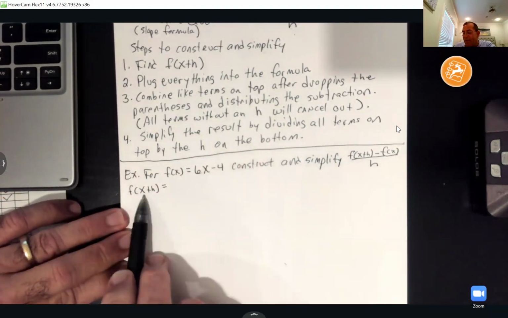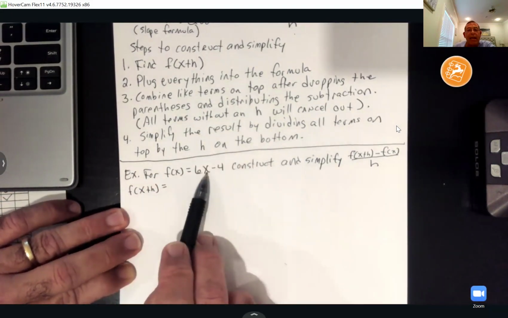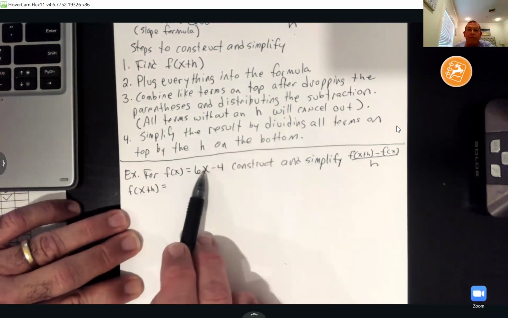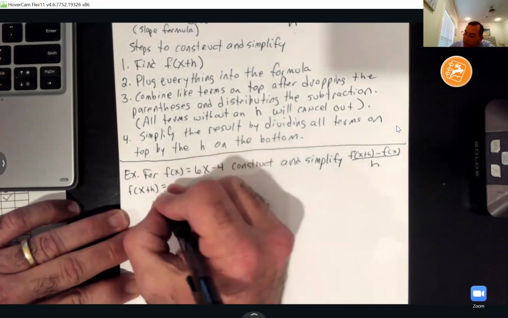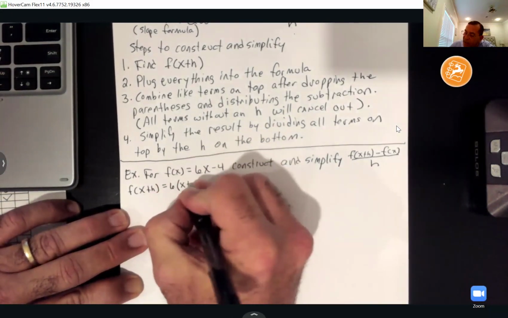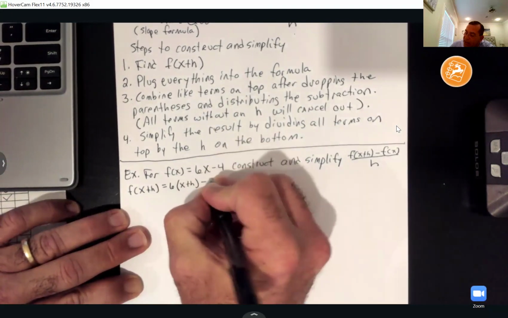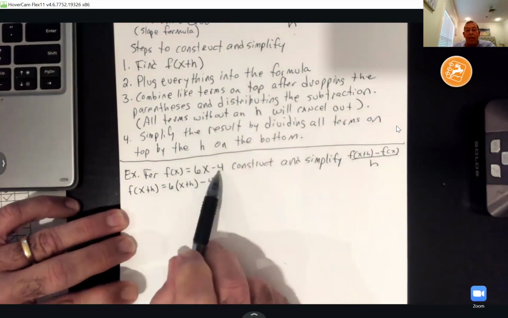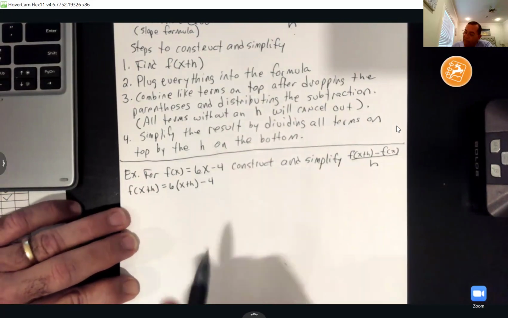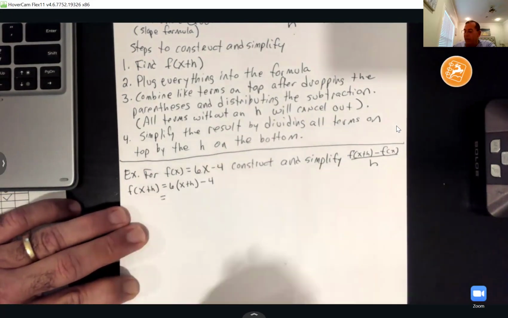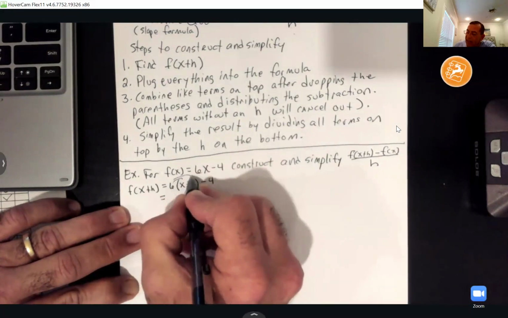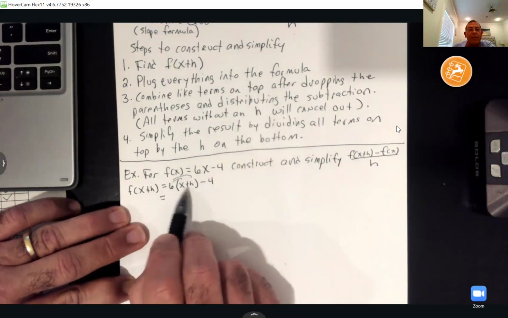To find f of x plus h, we take the f of x function and put an x plus h in for the x. So y'all, that'll be 6 times x plus h minus 4. It looks like f of x, but we've now got an x plus h there. To simplify this, I'm going to distribute my 6 and get rid of these parentheses.